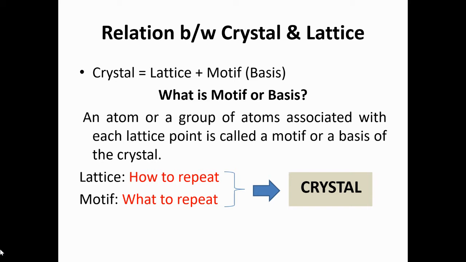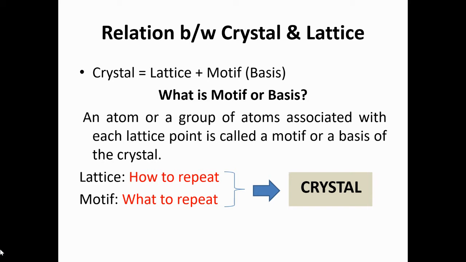Actually, this basis or motif acts as a linking bridge between crystal and lattice. If you want to define the basis, it can be said that an atom or a group of atoms associated with each lattice point is called a motif or a basis of the crystal.